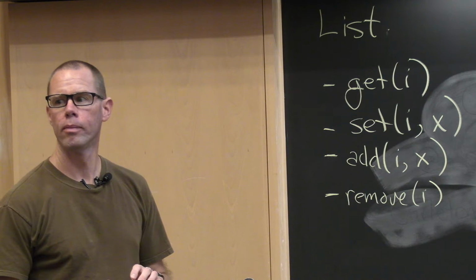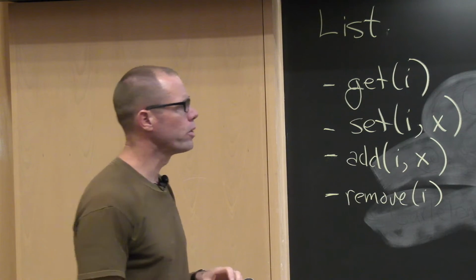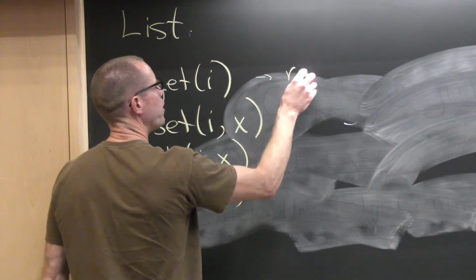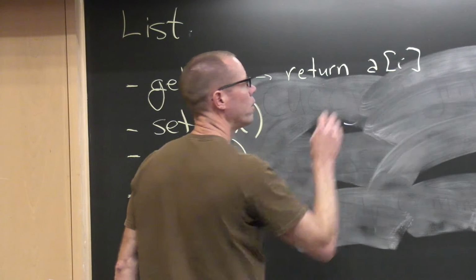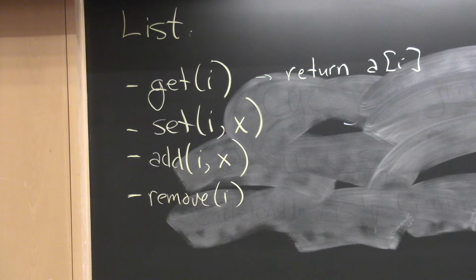Yep. Just return the ith element in the array. Yeah, we just return the ith element in A. So get I just becomes return A at I. It's just a one-liner. Okay.